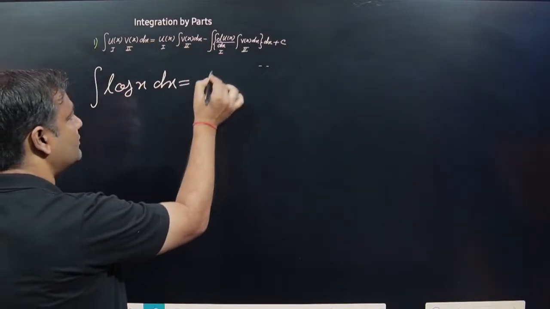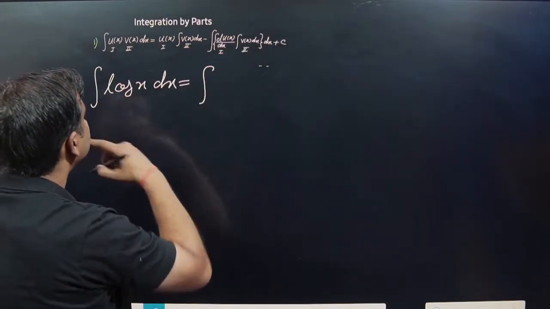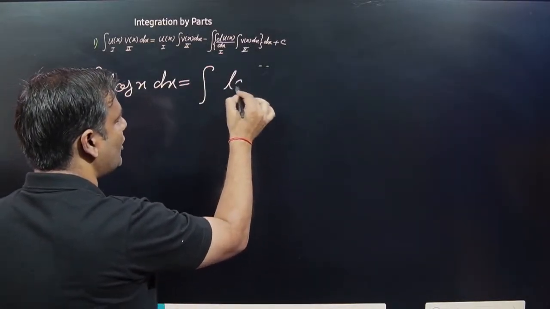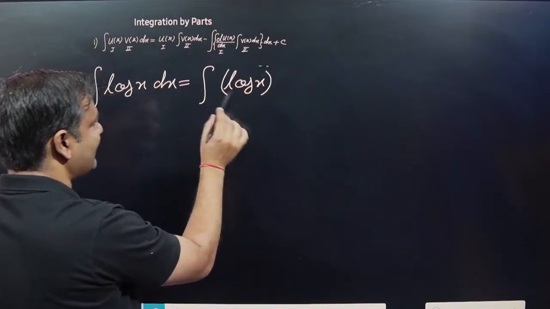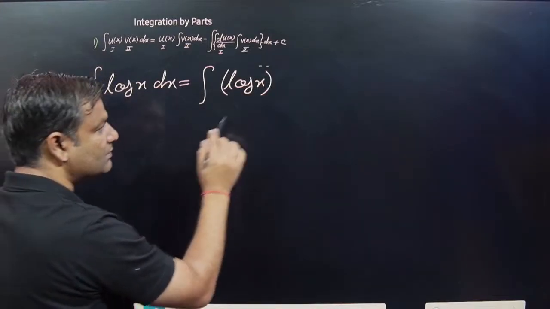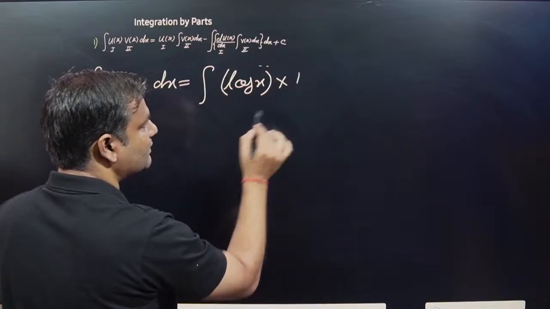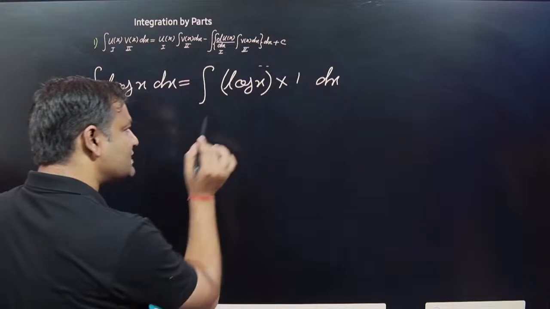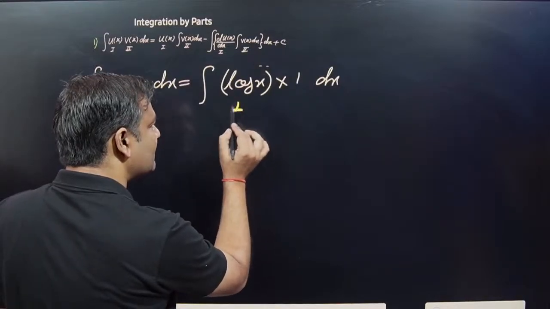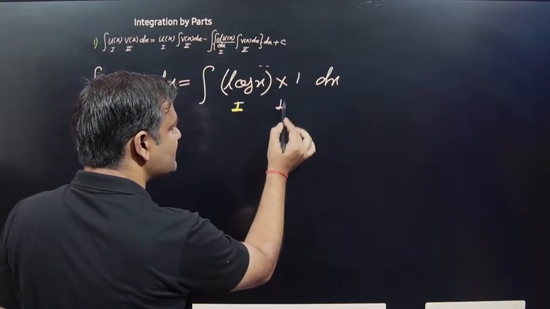Look here, log x is written as log x into 1 into dx. Clear? So you can say this one is taken as the first function and this one as the second function.